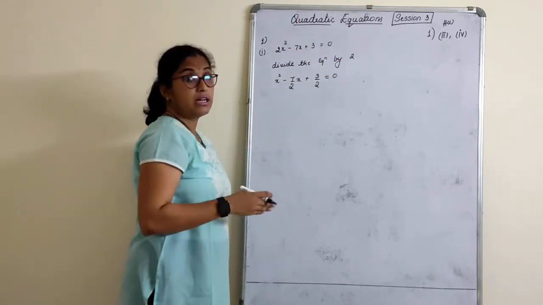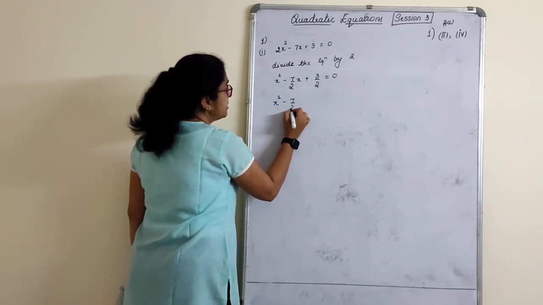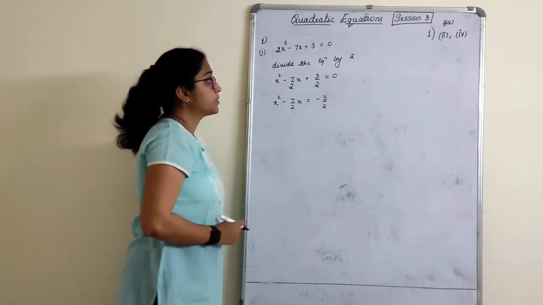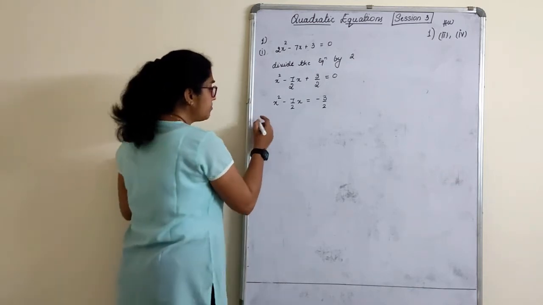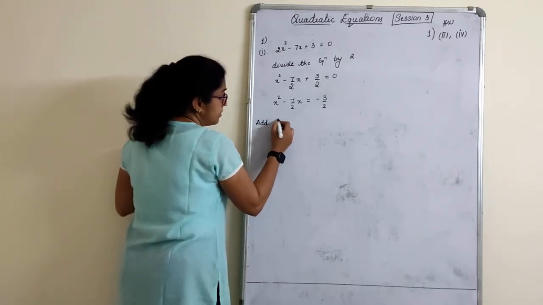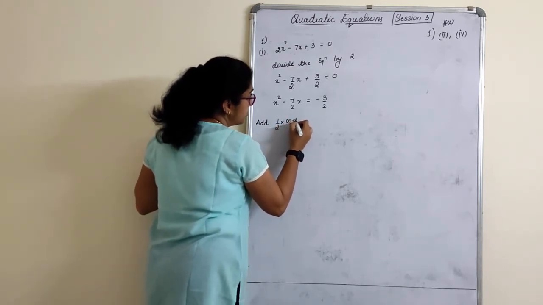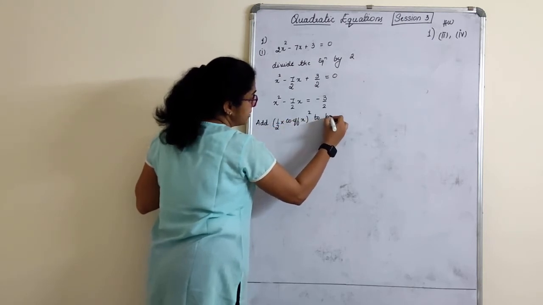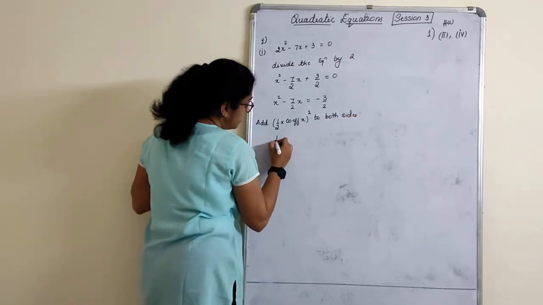Transpose the constant to the other side. You need not write, you can just transpose it. x square minus 7 by 2x is equal to minus 3 by 2. We transpose the constant to the right hand side. Now add half into coefficient of x whole square to both sides. So what is half of the coefficient of x?